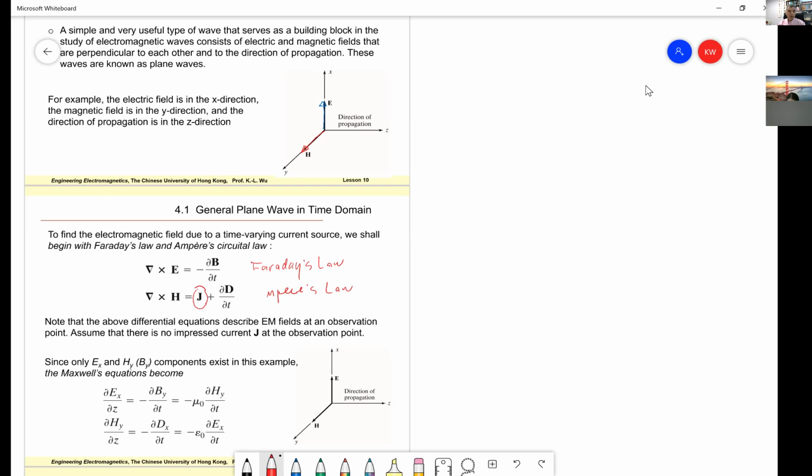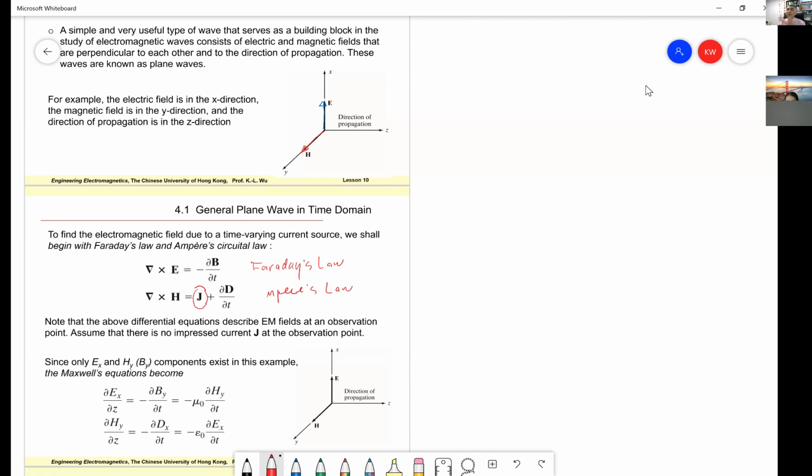For example, when your phone is transmitting, somewhere in the circuitry in your phone you create this current. This current may distribute around your antenna. That is a place where you have current J.